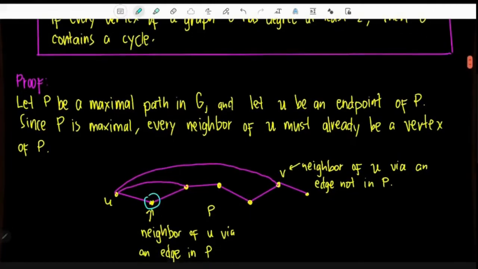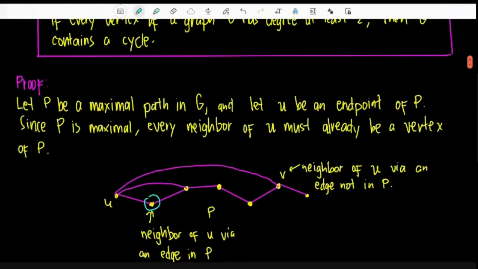Pero since neighbor siya ni U at hindi siya yung pinakamalapit kay U, that means may edge connecting U and V na wala dun sa path. Okay? It doesn't make the path any longer pag dinagdag mo yung path UV kasi yung V na yon nasa path na mismo. Right? Okay.